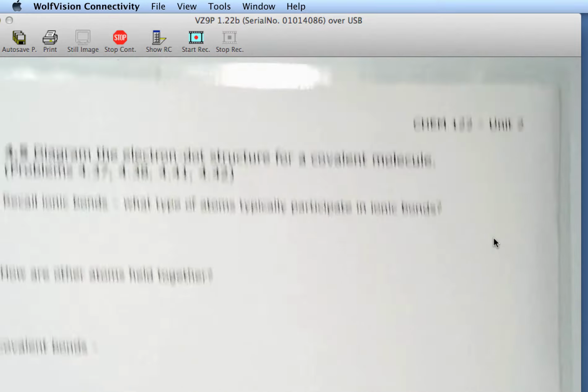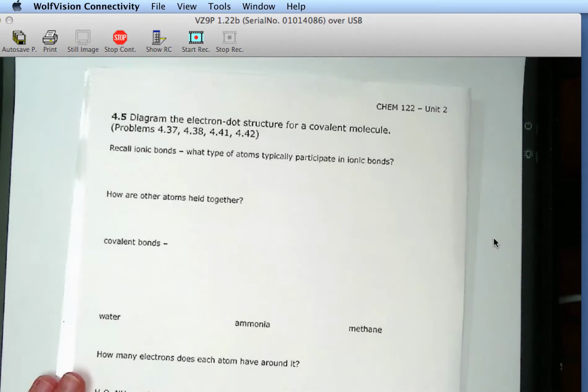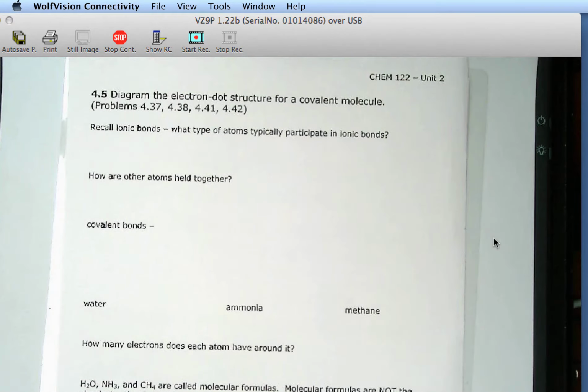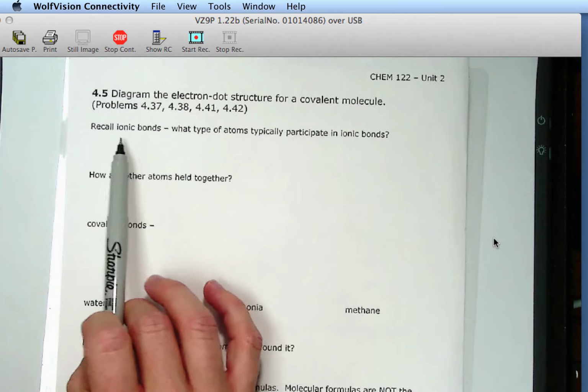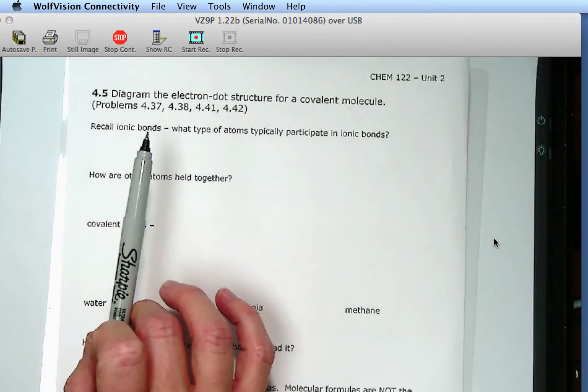So we'll continue on to page 12. We've been talking about ionic bonds. We've learned how to name ionic bonds. We've learned about all the polyatomic ions. So when you're talking about ionic bonds, what type of atoms typically participate in ionic bonds?